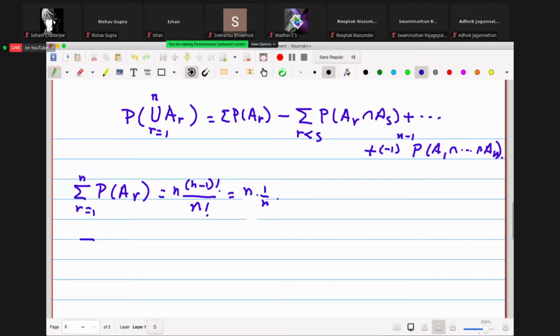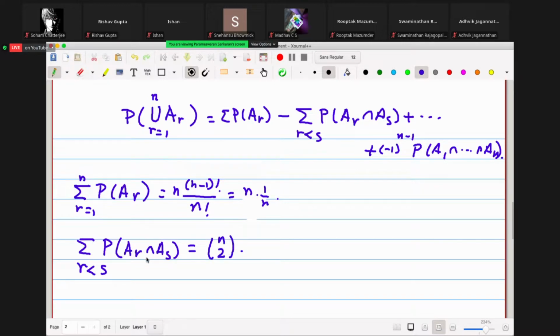Summation, the next one, you do likewise: P of AR intersection AS, where R is less than S. The value of this probability is going to be independent of the values R and S. So you can just choose two numbers out of 1 to n, which can be done in n choose 2 ways.